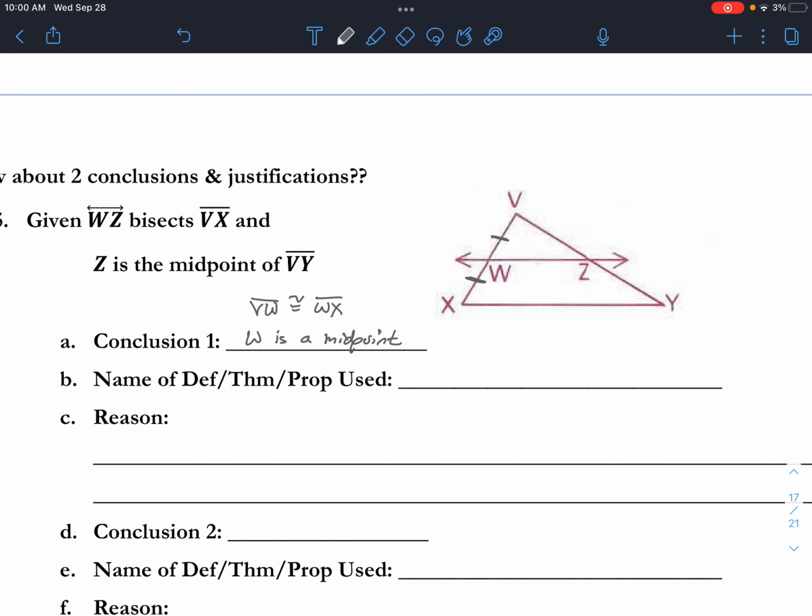Definition. This is another definition of a bisector. Only difference from before, we are bisecting segments this time.